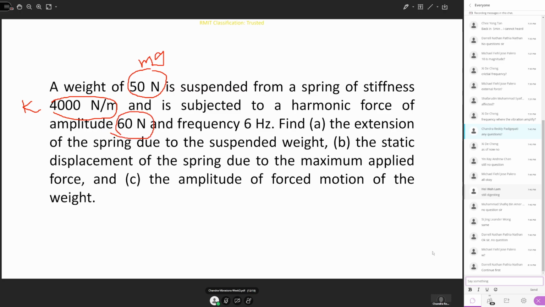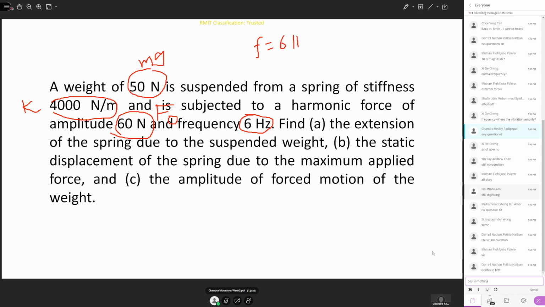So this 60 newtons refers to F naught, the external force, and the frequency is 6 hertz. So here frequency f is equal to 6.